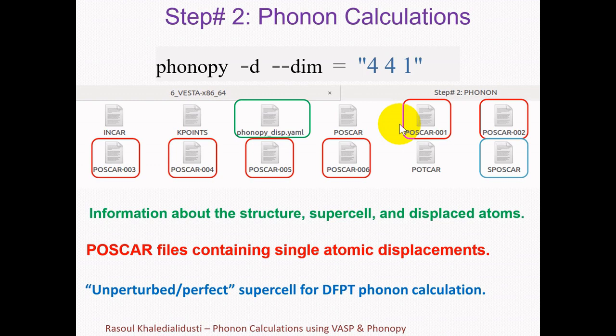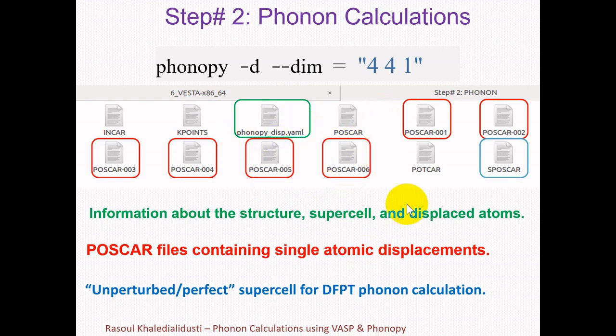When you turn the symmetry on, VASP will treat symmetry and optimize the structure with higher symmetry. Then in this step, the number of required single atomic displacements will be less, and then less computation time is required for the phonon calculation. For example, if I hadn't used ISYM equals 1 in the optimization step, I would get more single atomic displacements here, more than 6.